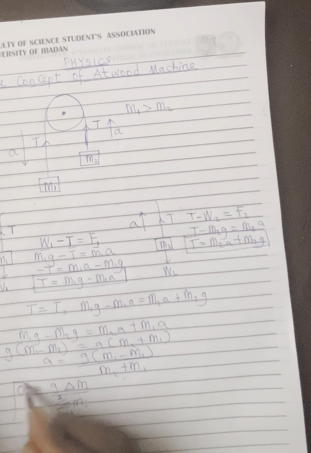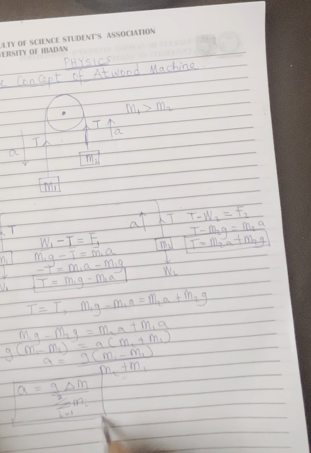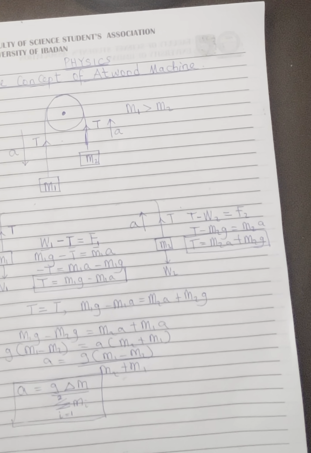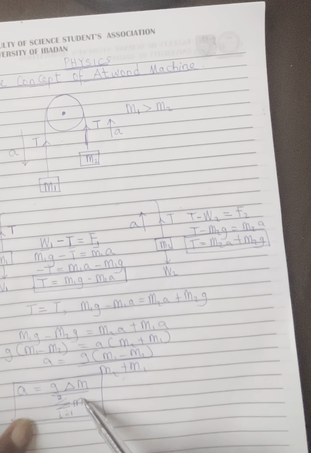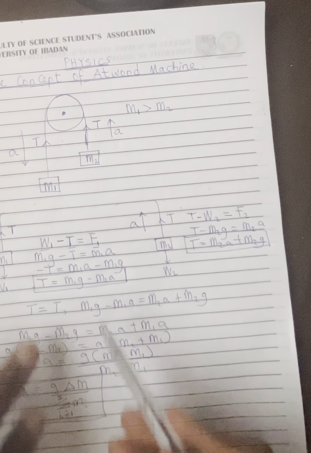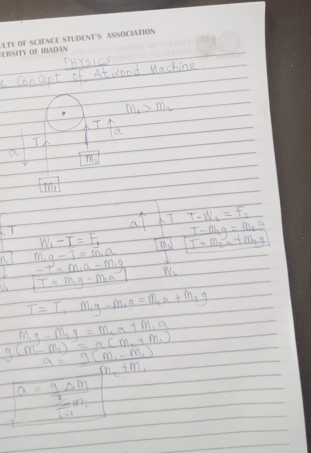And this is the formula that we use in calculating acceleration of a body under an Atwood machine. And when you get the acceleration and you are looking for the common tension, all you have to do is substitute the value of the acceleration into one of these equations and we get the common tension.